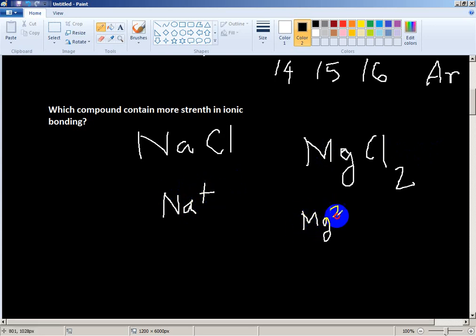So magnesium has more positive charge, so there is more attraction in magnesium chloride, so it has more strength. Okay, magnesium chloride is stronger than sodium chloride. Have you understood?